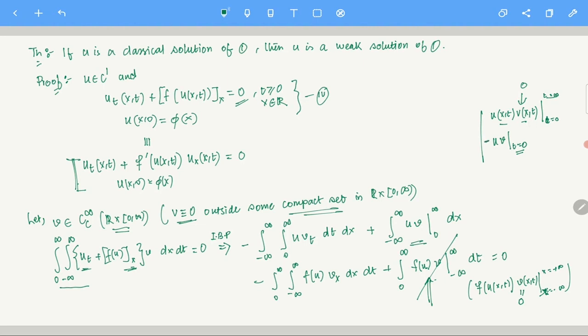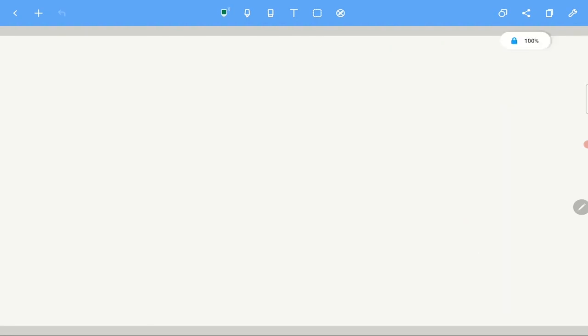Okay, so let's put all of this together and write it down properly. Therefore, it becomes the integral from 0 to infinity, of the integral from minus infinity to infinity, of (u v_t + f(u) v_x) dx dt, plus the integral from minus infinity to infinity of phi(x).